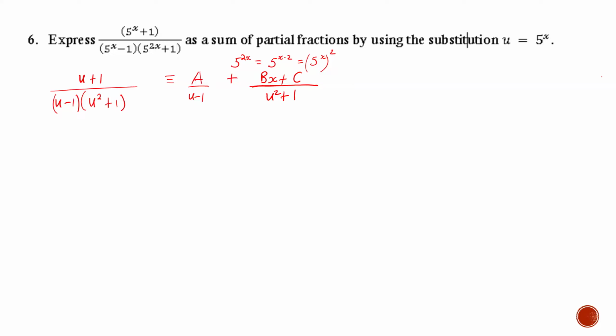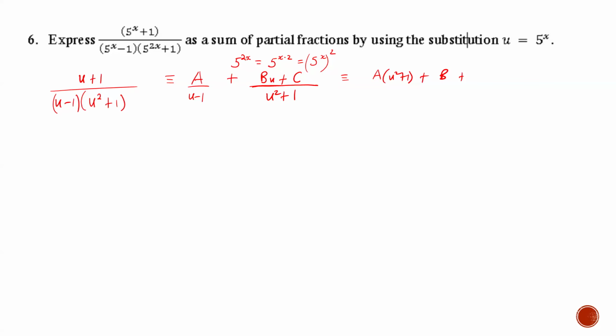And then we do what we did for the previous question, really. This is going to be a times u squared plus 1 plus bu plus c, multiplied by u minus 1. I write bx, but it's supposed to be u. I think it's a force of habit.